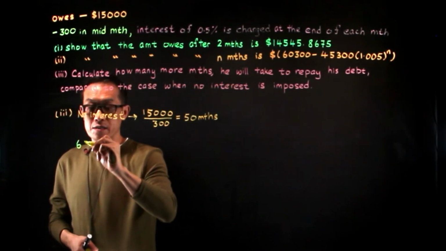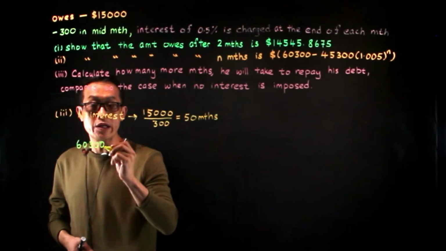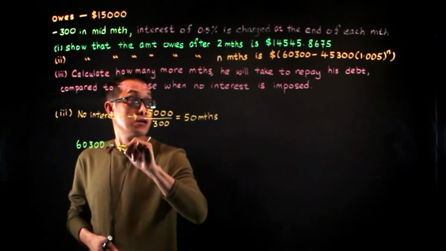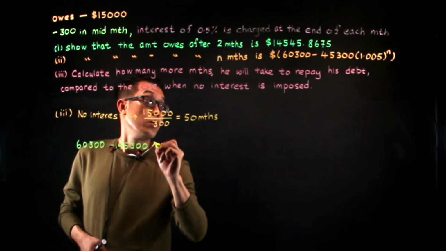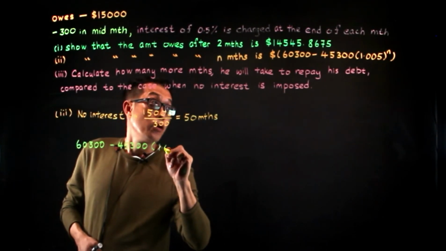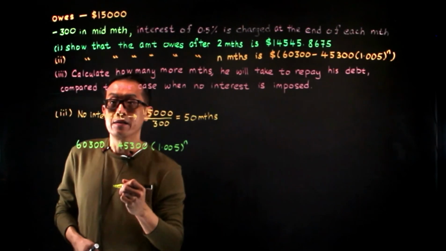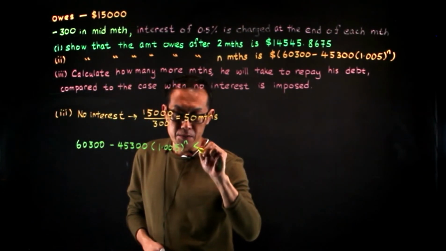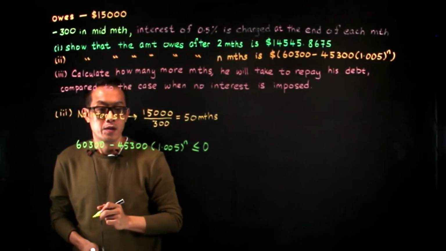So you have 60300, now this is with interest, minus 45300 into 1.005 to the power of n must be smaller than or equal to 0.